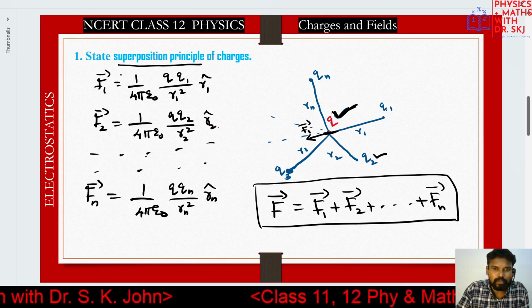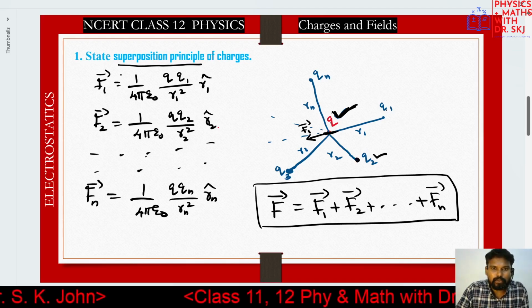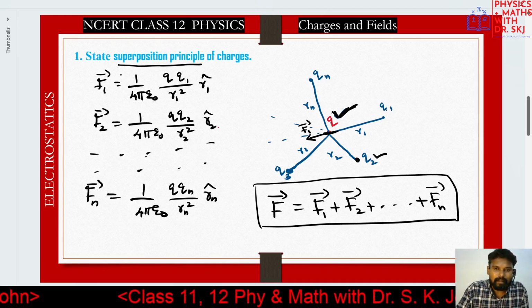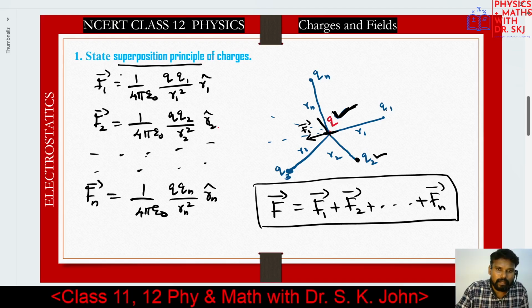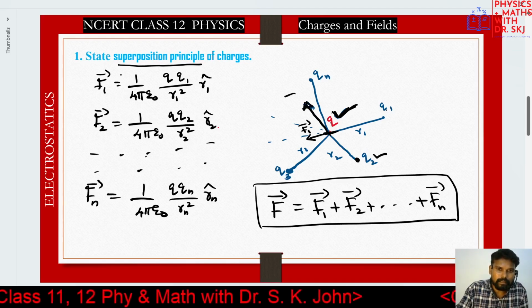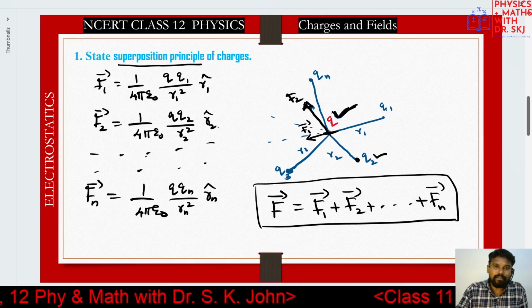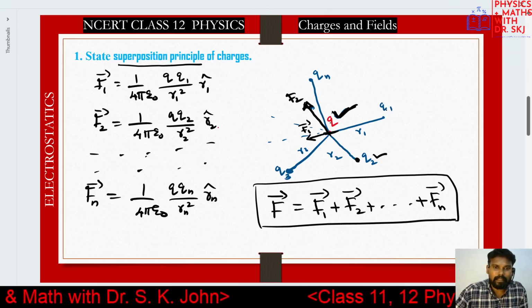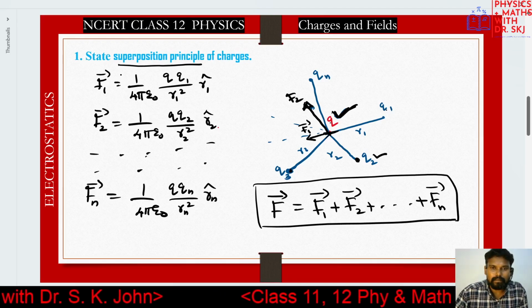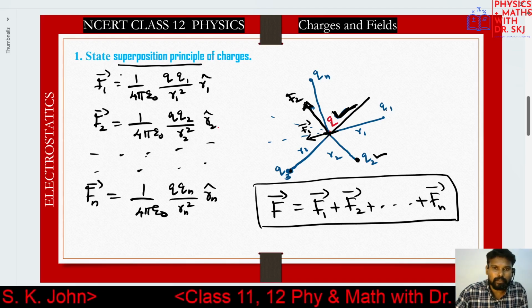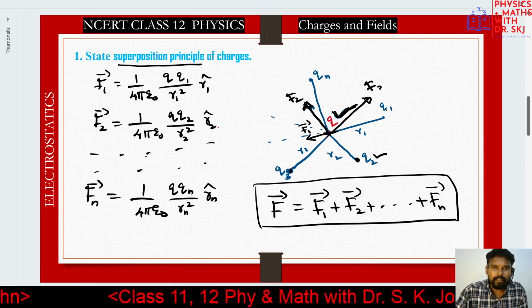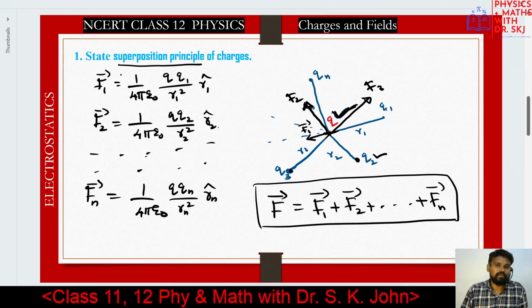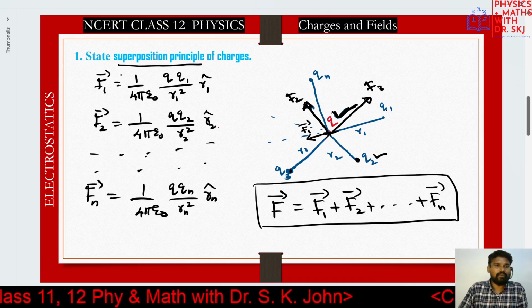I have drawn the force due to q1. Now the force due to q2: q2 is repelling this q, so it is away from q, like this. Let it be F2. Then I can draw F3. q3 repels q, so it is in this direction, F3. So how can we add these forces? It's using the vector laws.